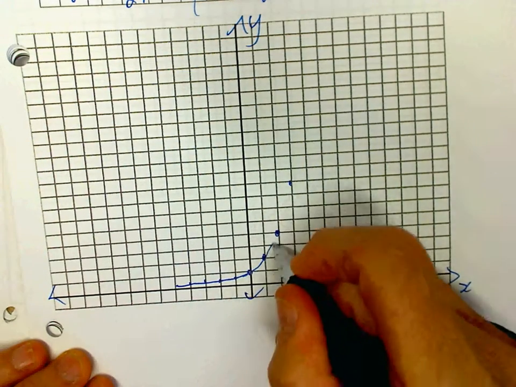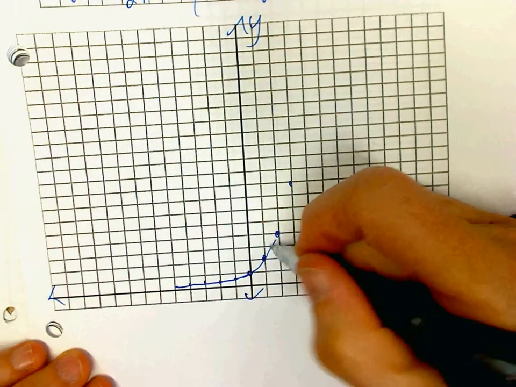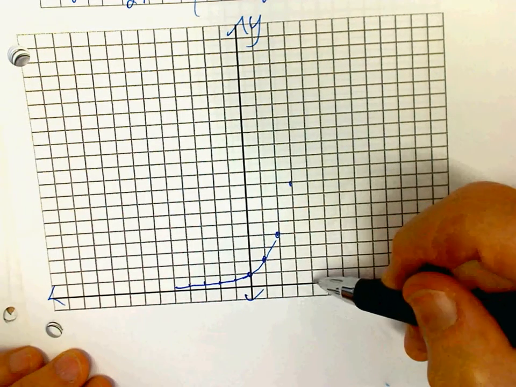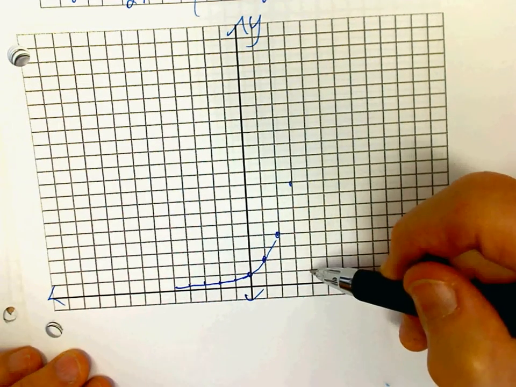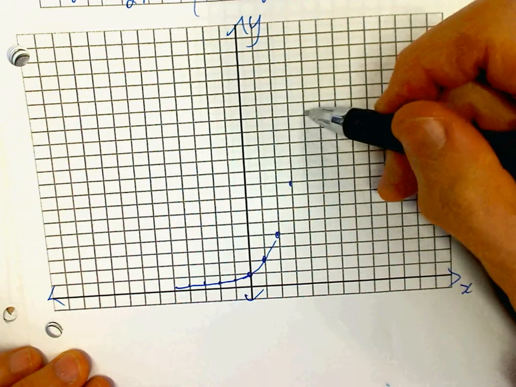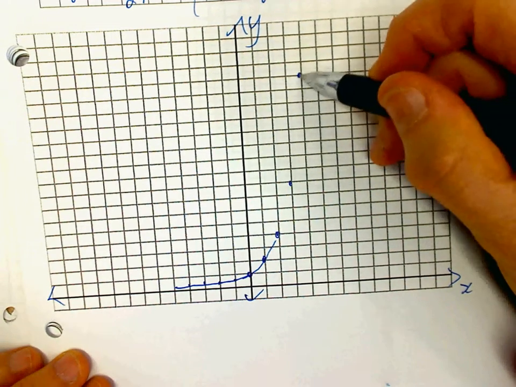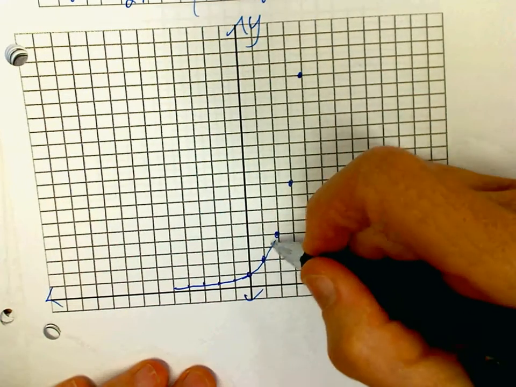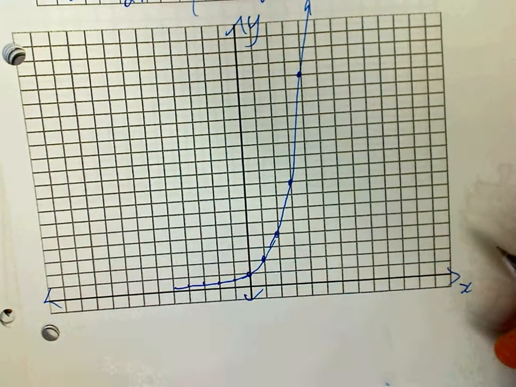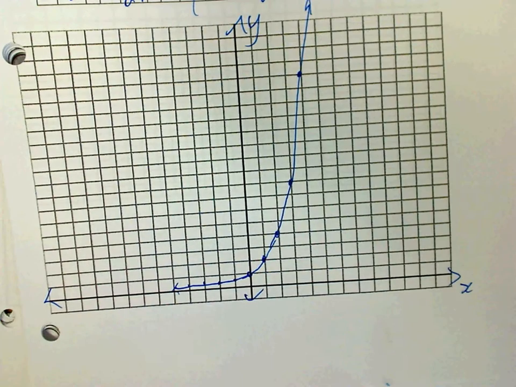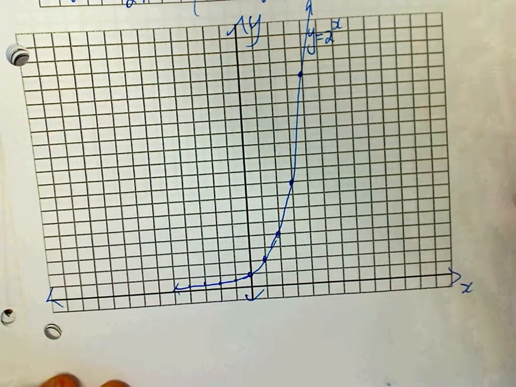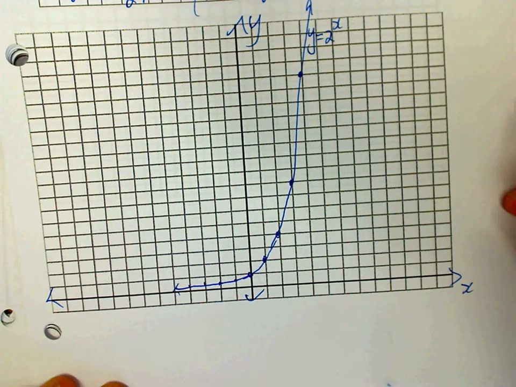If I go 2 to the exponent 4, we get 16, right? Might as well draw it if we can. It helps us out. Good? That's y equals 2 to the x.